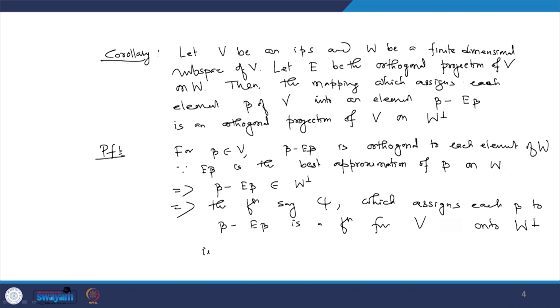That is, psi is a function from V to W complement defined by psi of beta equal to beta minus E beta. Now, the claim is that this function psi is basically the orthogonal projection of V on W complement.